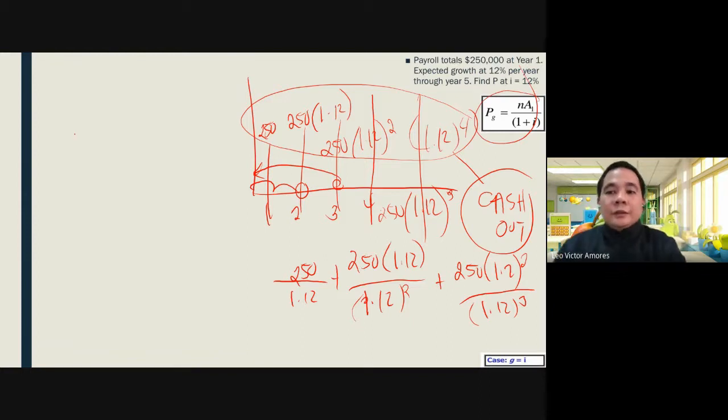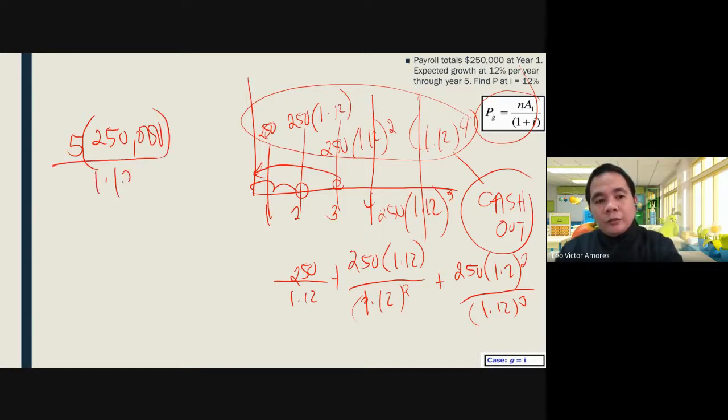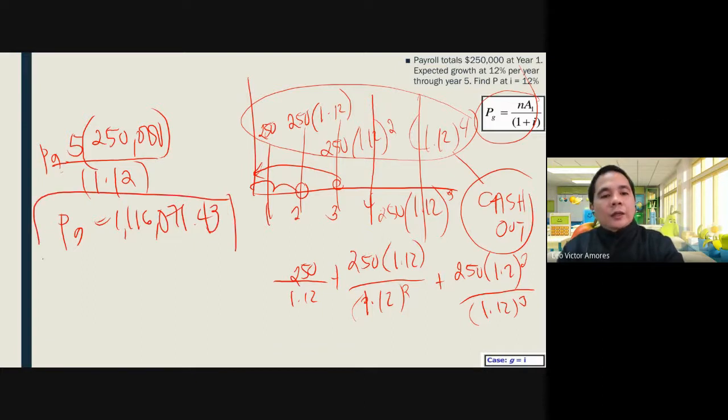Meaning, N is equal to 5 series of payments at $250,000 every year divided by 1.12. The answer is 1,116,071.43.